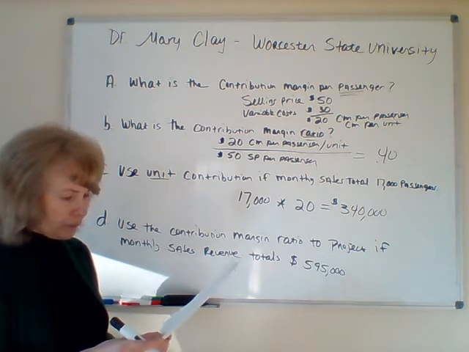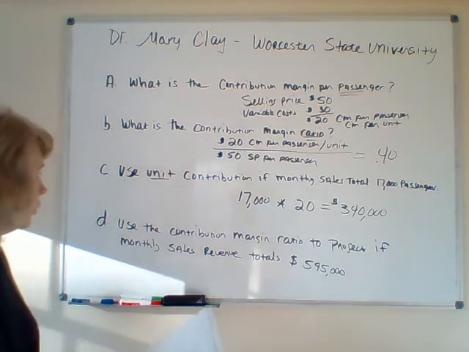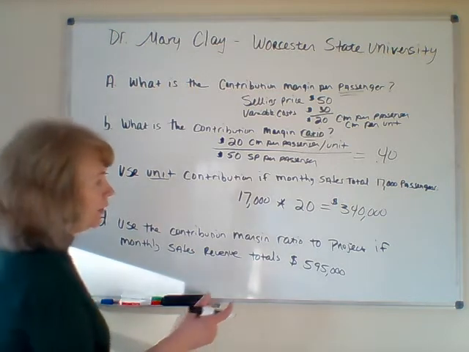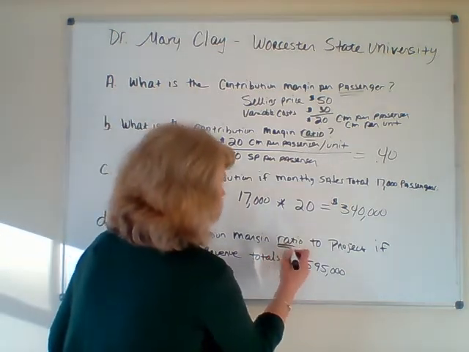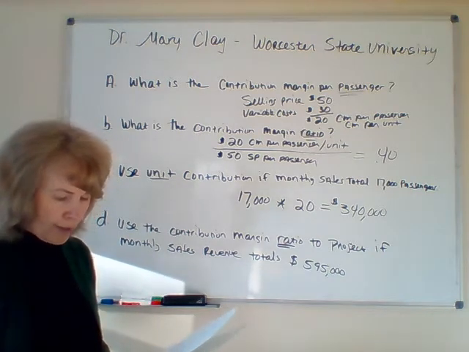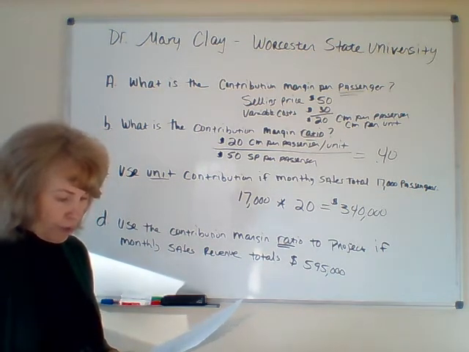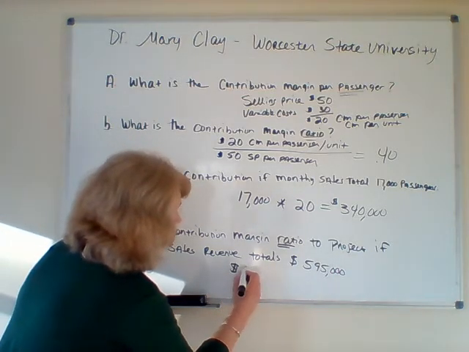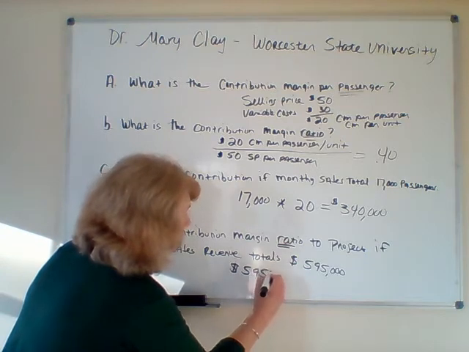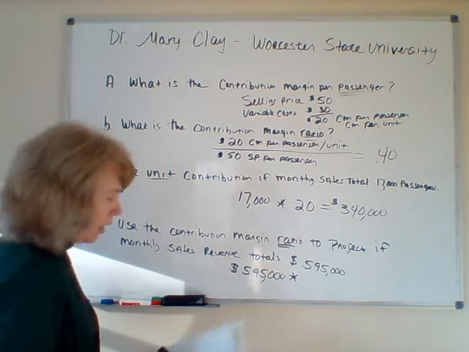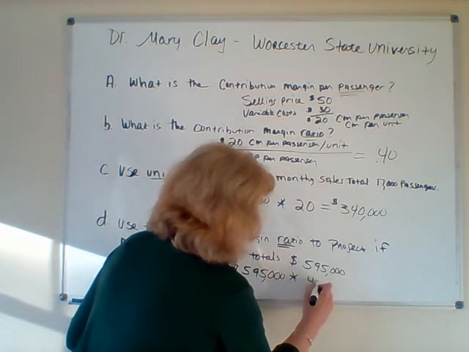D, use the contribution margin ratio to project if monthly sales revenues totaled $595,000. Remember, they're asking for you to use the ratio, so make sure you understand. Monthly sales total $595,000. You're going to take $595,000 and multiply it by the ratio, which is 0.40.